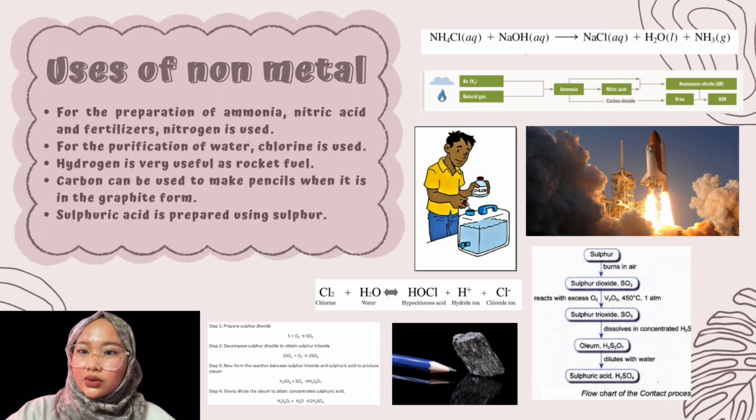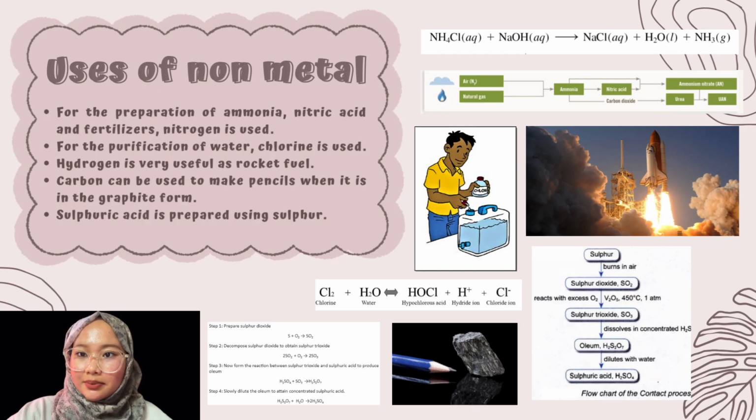We can also use hydrogen, which is a non-metal, as rocket fuel. Other than that, carbon can be used to make pencils when it is in the graphite form. And lastly, sulfuric acid is prepared using sulfur, which is a non-metal.